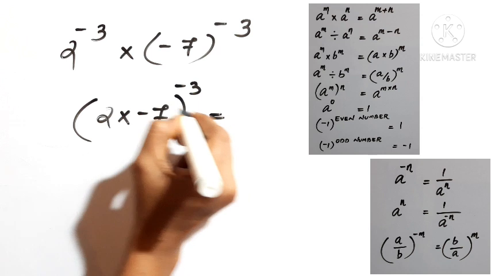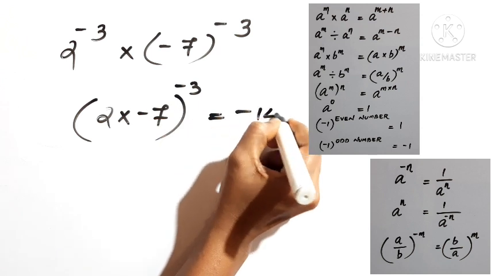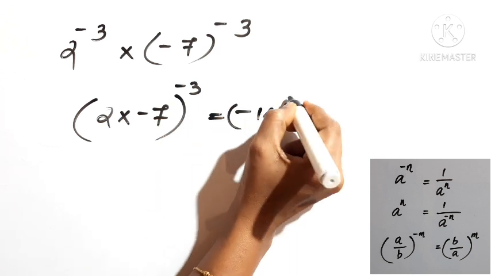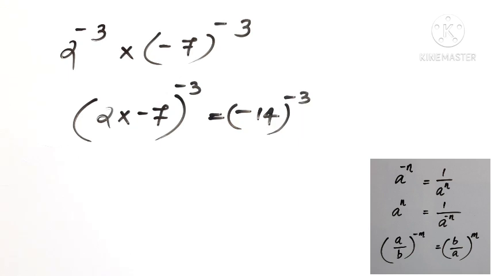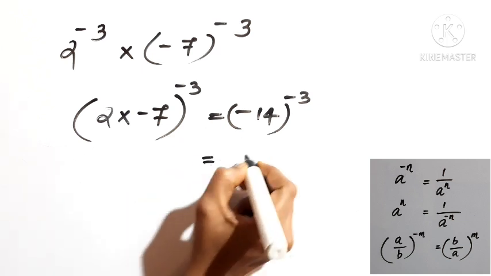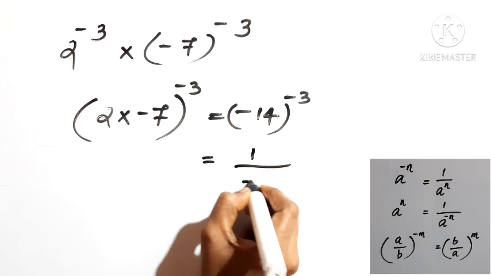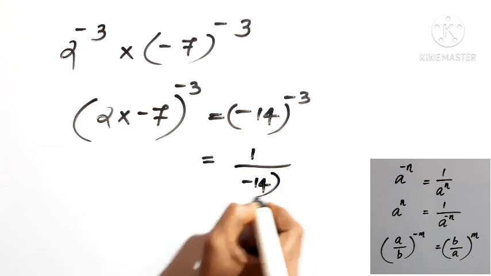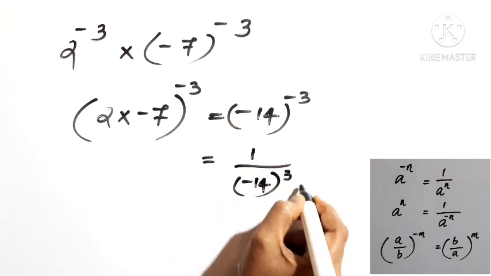Equals (-14)^(-3). Answer is ready, but we should express the result in power notation with the positive exponent. So this is also equals 1 by (-14)^3.